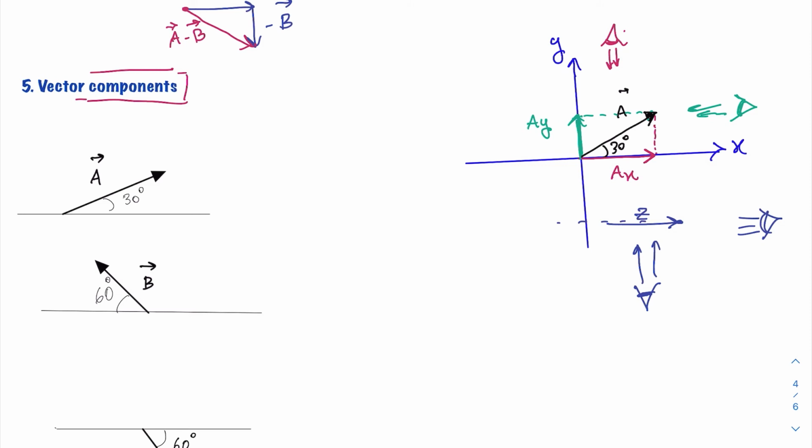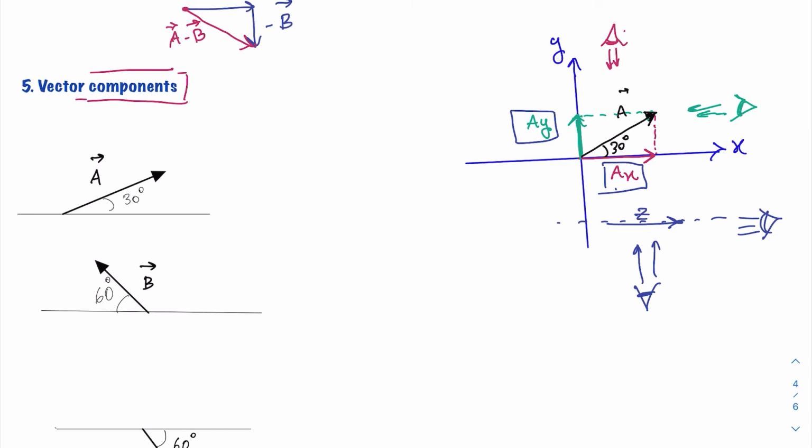Since it is along the x-axis, we can see this vector only contains the x component. But in this case, vector A, I can see two projections of this vector. Therefore, it has two components, A y and A x.